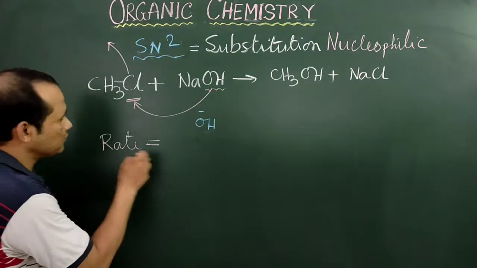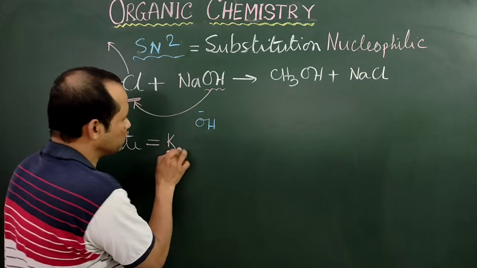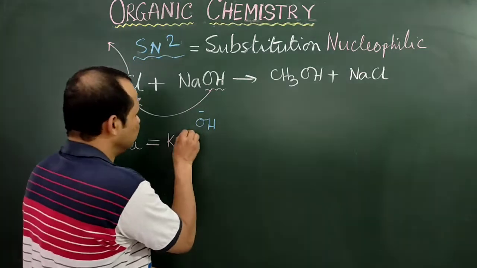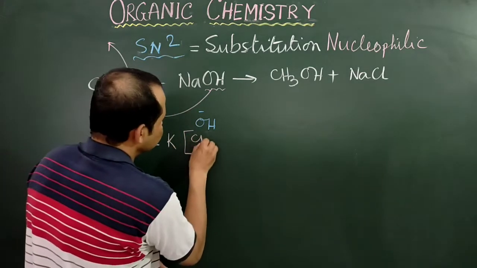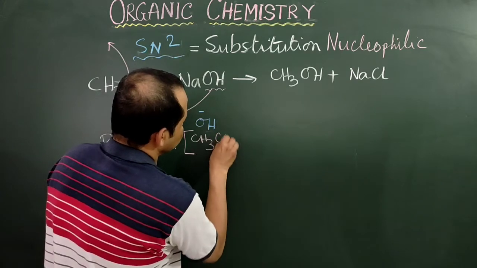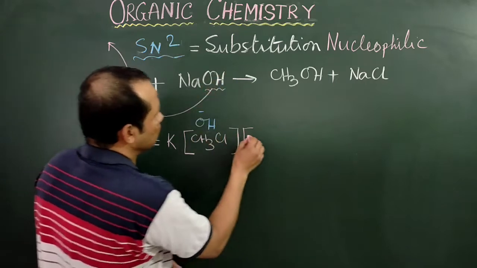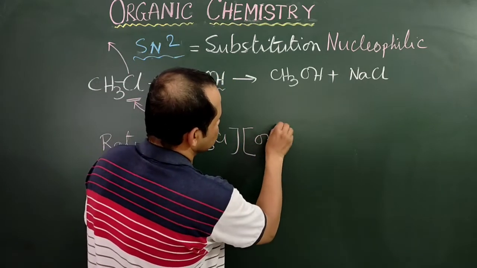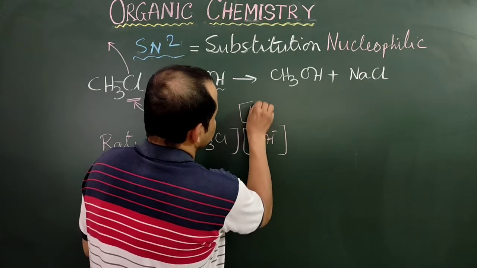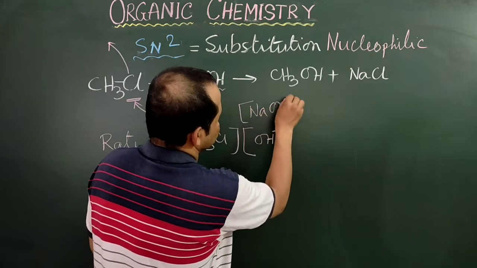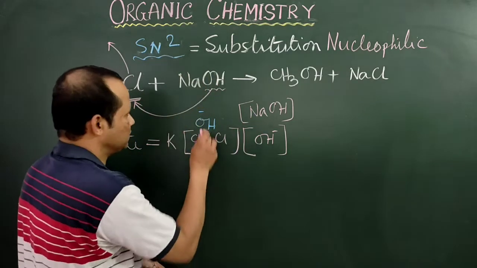That is, rate of the reaction is equal to some constant, known as the rate constant, times the concentration of this one, times the concentration of this, which may be termed OH minus. Also you may write here the concentration of NaOH, because the concentration of OH is equal to the concentration of NaOH.